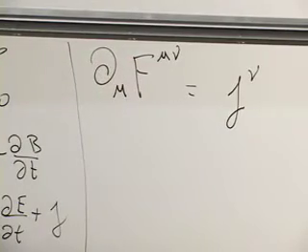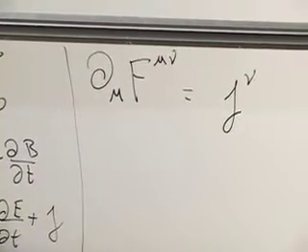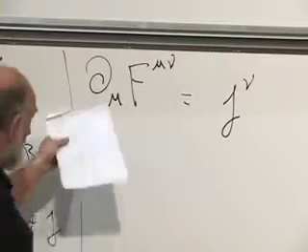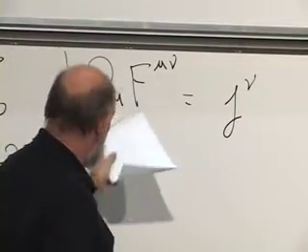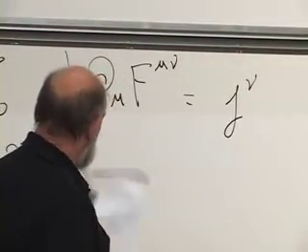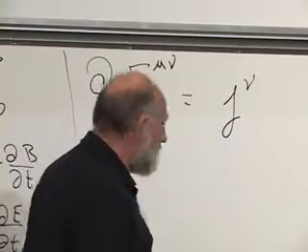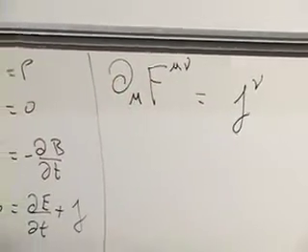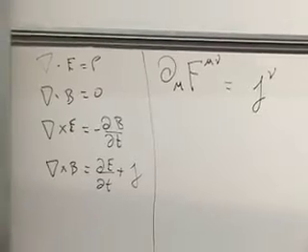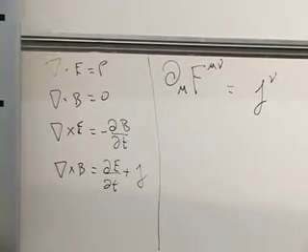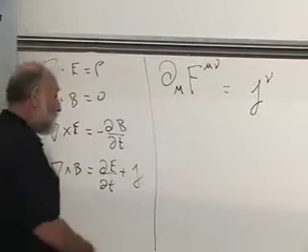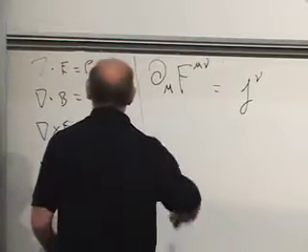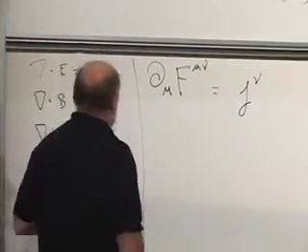Okay, let's check that this simple covariant equation, this is clearly a covariant equation. This is a tensor. Differentiating a tensor gives you a vector. This is a vector. And so this equation would be invariant and the same in every reference frame, assuming that J transforms as a vector. So let's just check that we get the same equation.